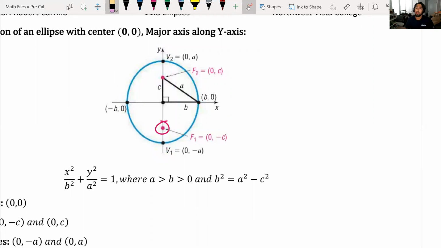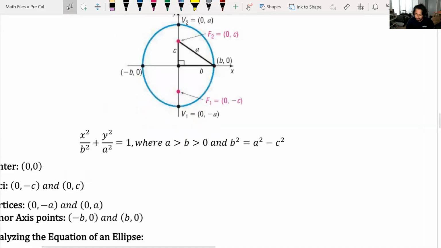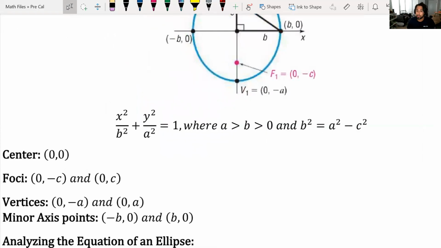All right. So now everything stays the same. Once again, the distance from center to foci is still c. The distance from center to minor point is still b. And the distance from center to vertex is still a. All right. So those stay the same. There's one thing that has changed, and that is just the equation.